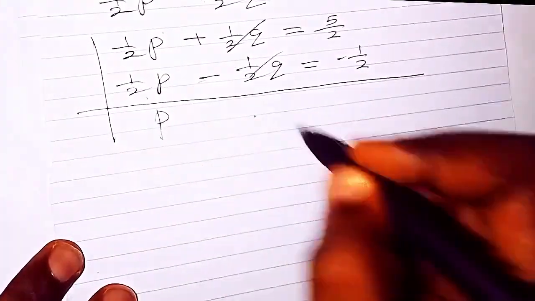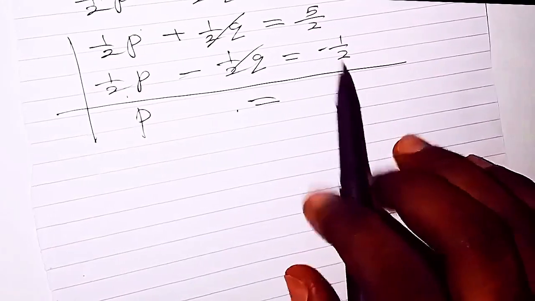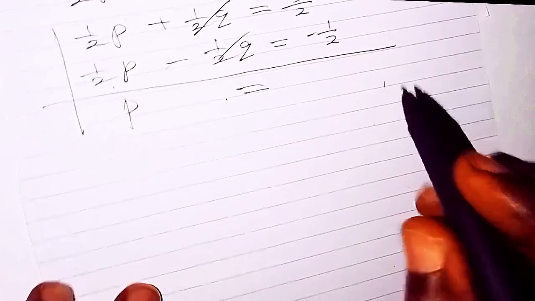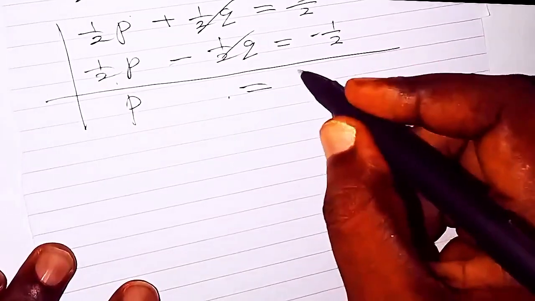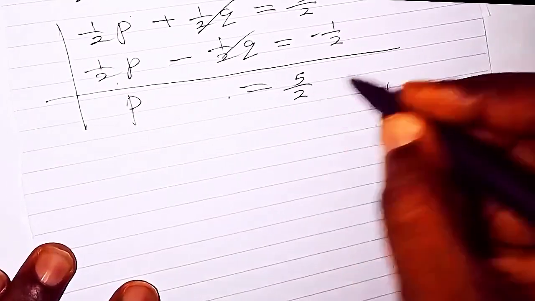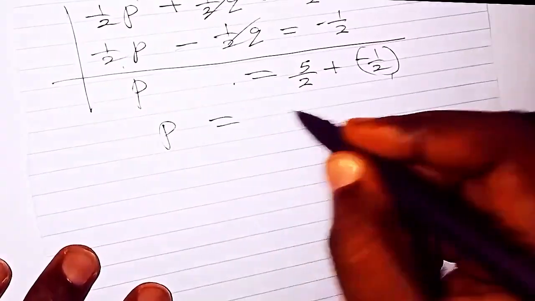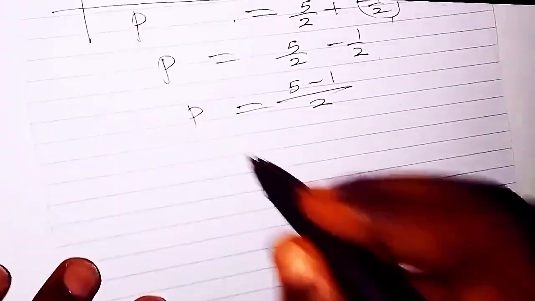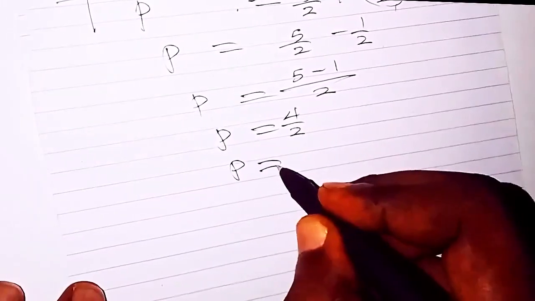And then this one is giving us p equal to 5 over 2 plus minus 1 over 2. Here is p equal to 5 over 2 minus 1 over 2. And then the LCM is going to be 2, and of course 5 minus 1. If you do your calculation there, you're going to get 4. And then our p is going to be 4 over 2, and our p is going to be 2.